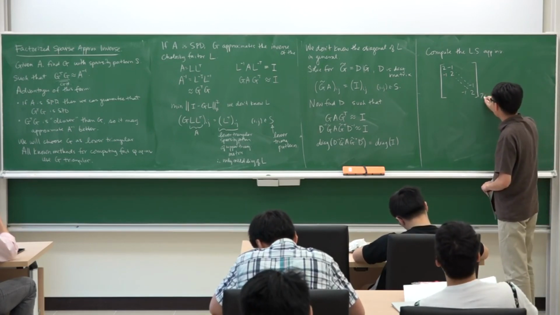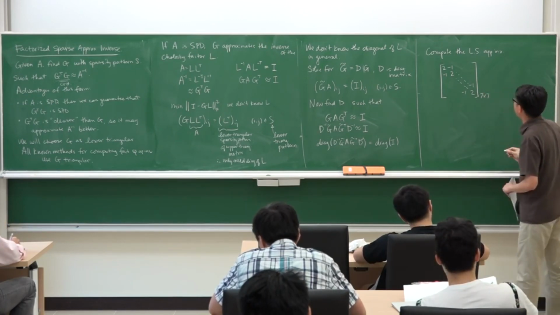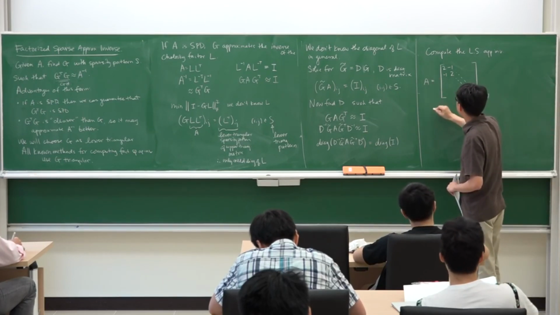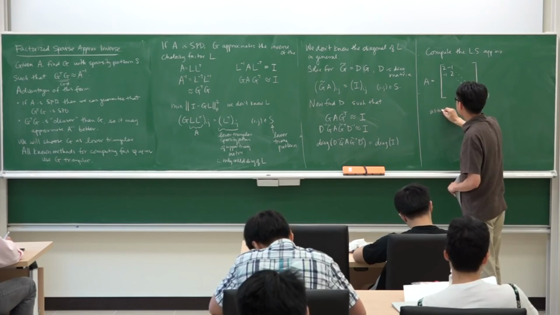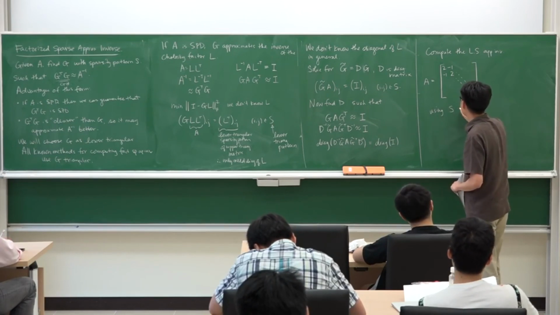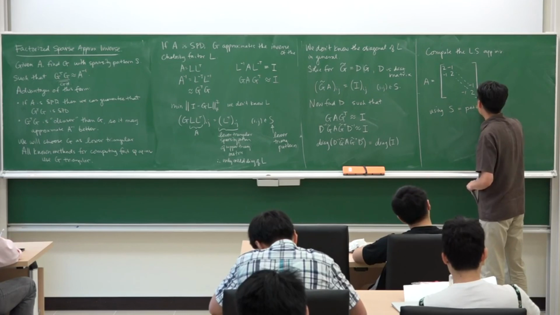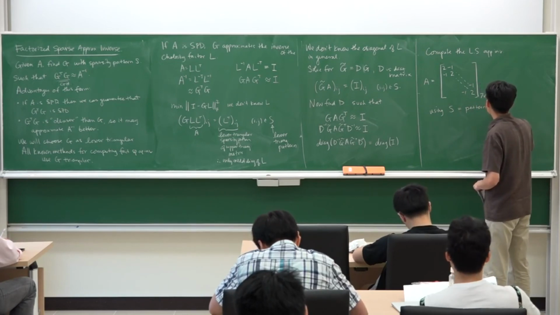Let's say 7 by 7. Let's call that A. Using a sparsity pattern S, which is equal to the sparsity pattern of the original matrix A.